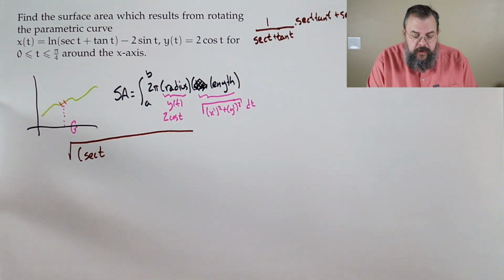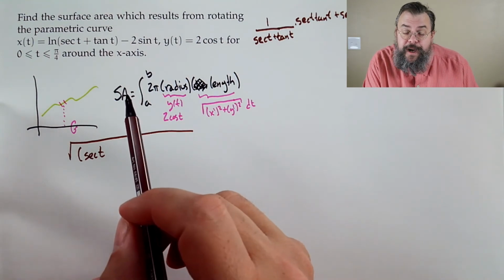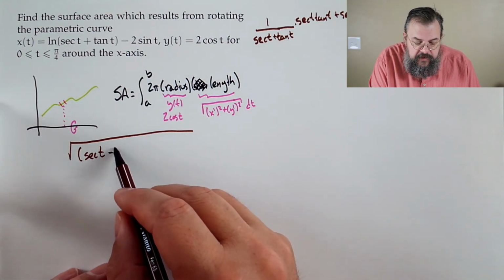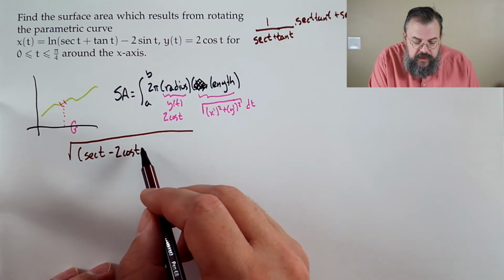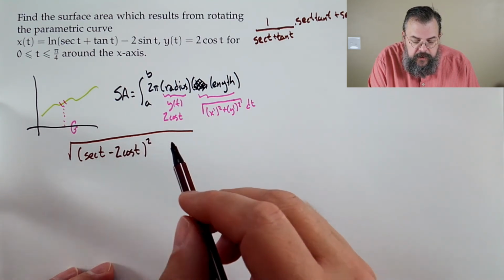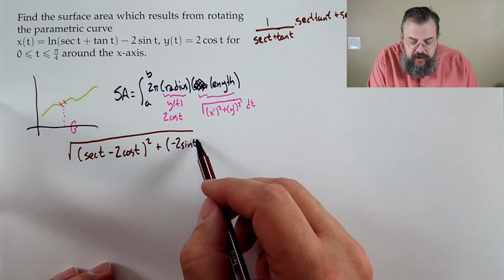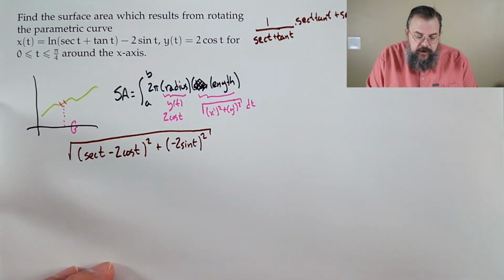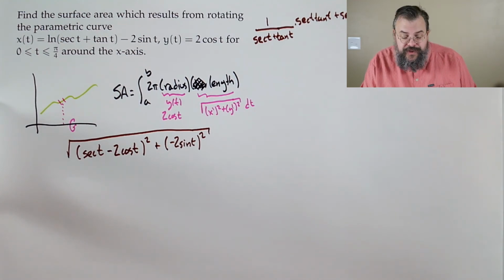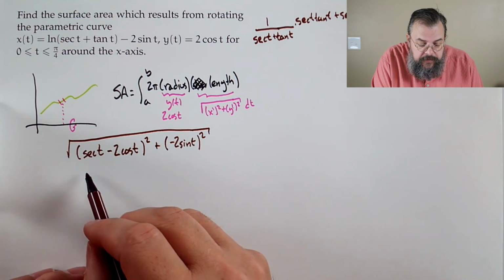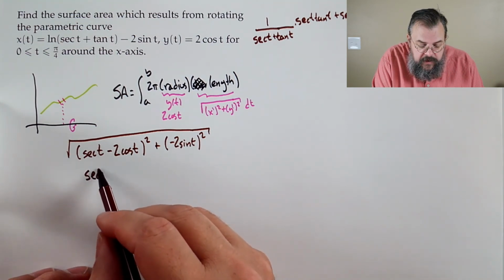Okay, back to our regularly scheduled problem. The derivative of minus 2 sine is minus 2 cosine. Square that. And then plus y prime, which is minus 2 sine, squared. Okay, so let's proceed. We're going to focus on the expression underneath the square root. We have secant squared.